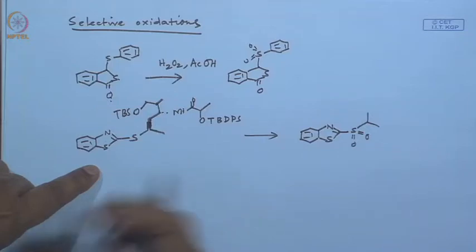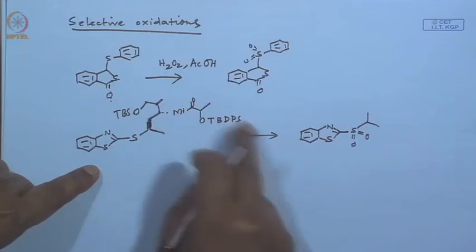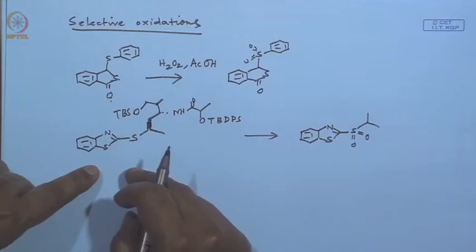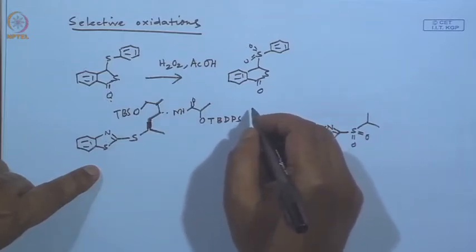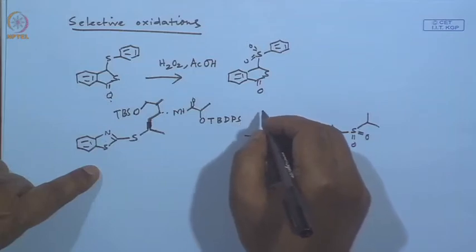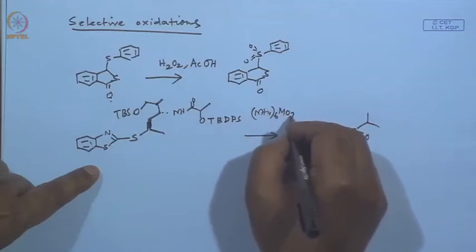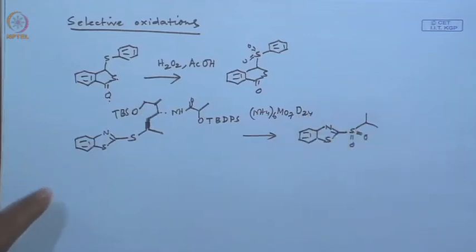The Kocienski reaction means it's a little different. Okay. So you require a very selective oxidation, and what is the reagent? Ammonium molybdate. Ammonium molybdate.